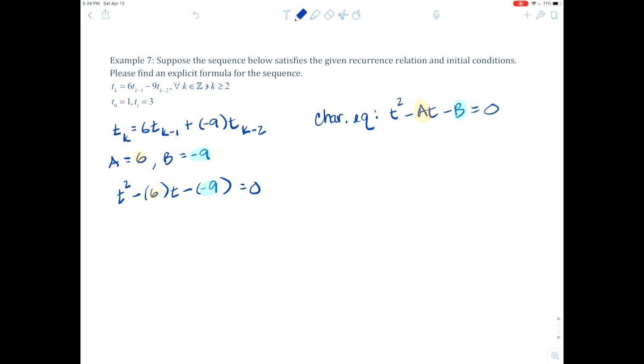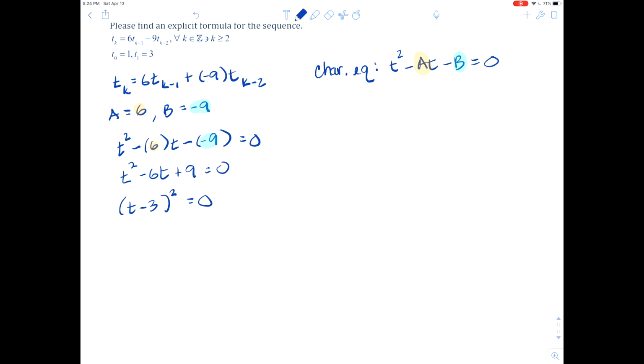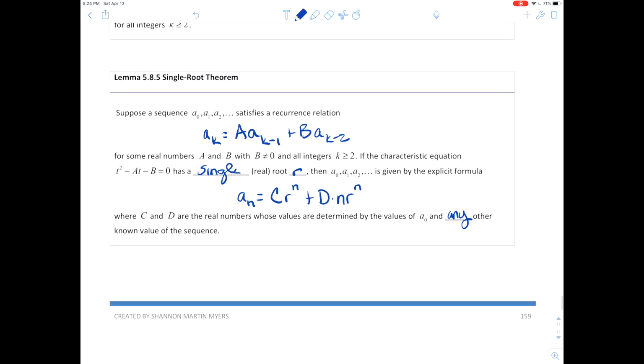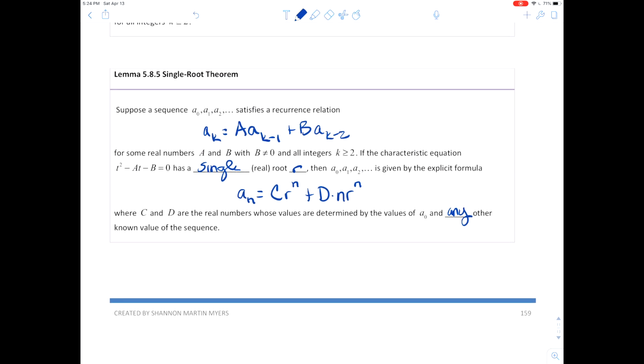So now, well, what is this? This is t squared minus 6t plus 9 is 0, but that ends up factoring, remember, as t minus 3, the quantity squared, is equal to 0. So that's going to be a single repeated root, right? So from this lemma right here, we're going to utilize this explicit formula.